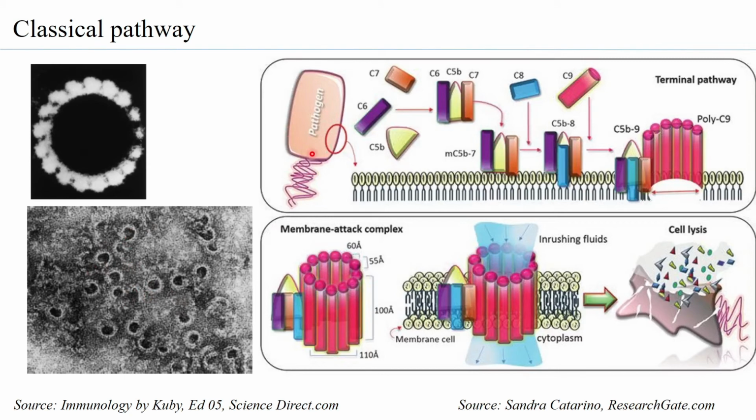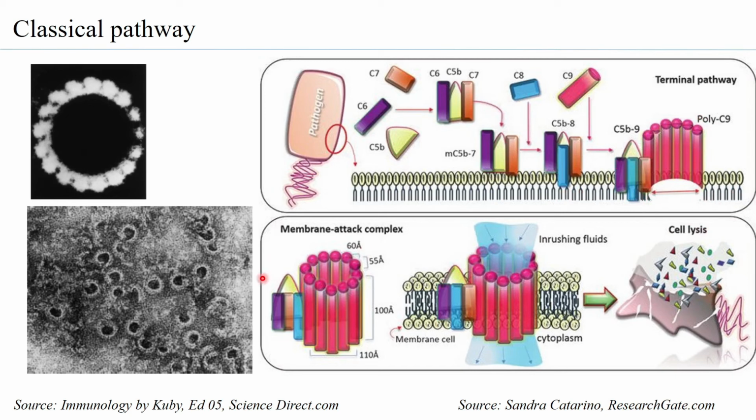To summarize, as you can see on the surface of the pathogen, you first have the C5b7 complex interacting with the phospholipids. Then when C8 comes and binds, you can see how it forms a small pore, and then you can see how the C9 forms the entire perforin structure.